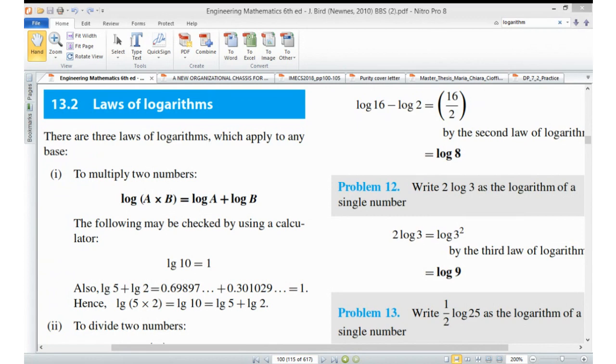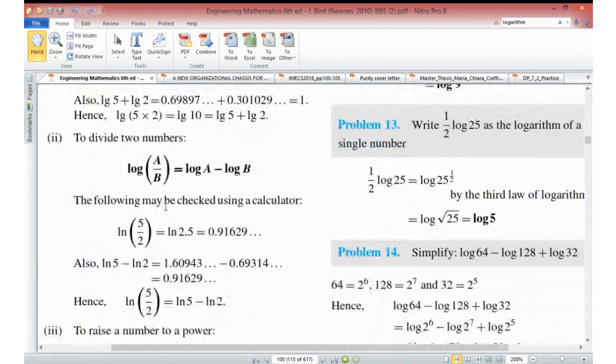Rule number 2, or law number 2, is division. Okay, so when two numbers are divided, for instance, A divided by B, and expressed in log form, you can as well redistribute or open up the bracket and replace the division with a subtraction.